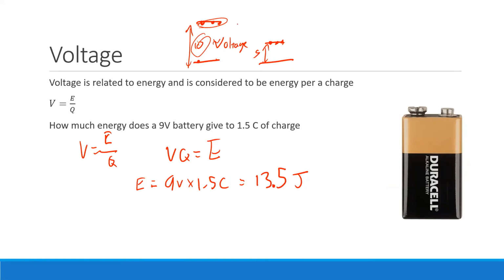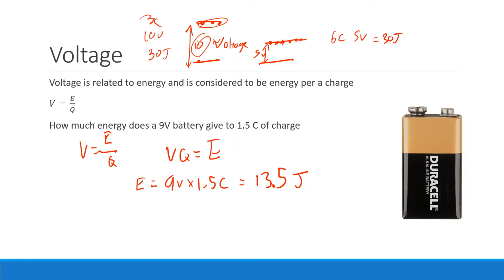If I move 6 coulombs of charge up 5 volts, that's going to be 30 joules. If I move 3 coulombs of charge up 10 volts, then I've also got 30 joules.